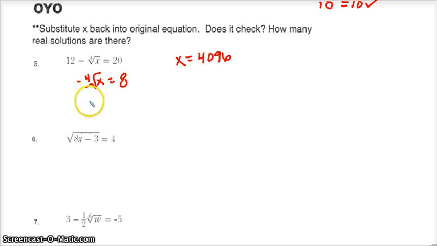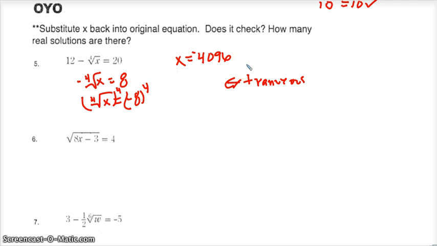When I multiply both sides by negative 1, the fourth root of x equals negative 8. Now when I raise both sides to the fourth power, I get 4,096. Now, when you check your answer, you should have seen that this is extraneous. That means there's no real solutions.